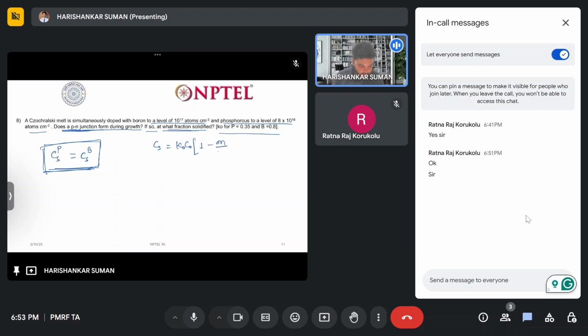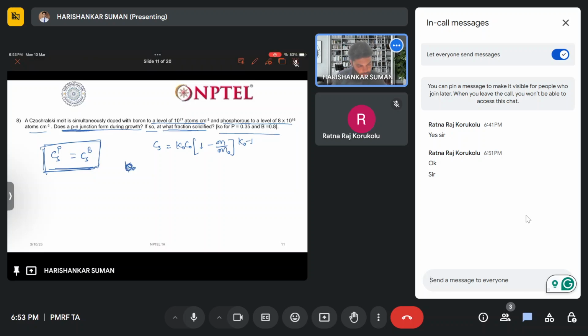You can use the solidification equation, M by M naught, and you have to calculate this solidified fraction.